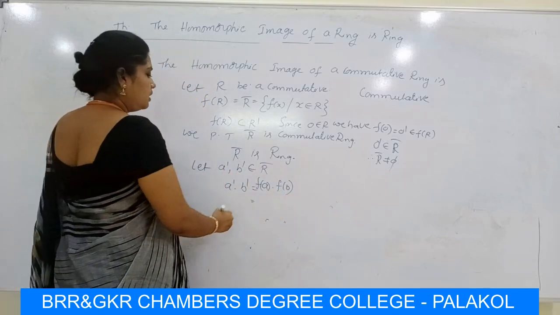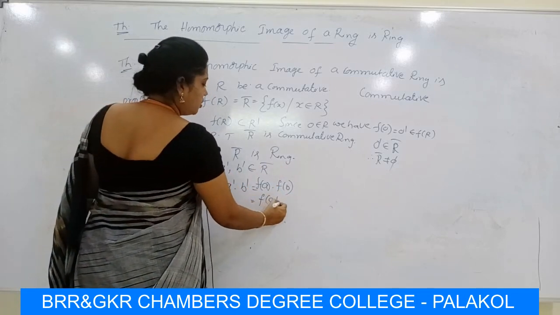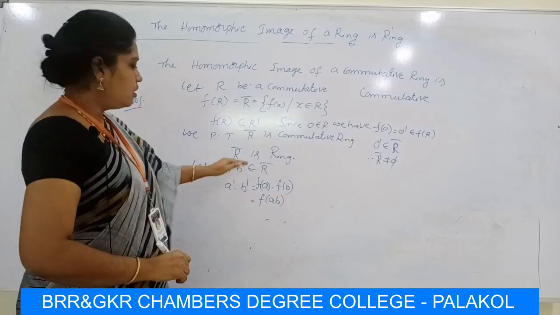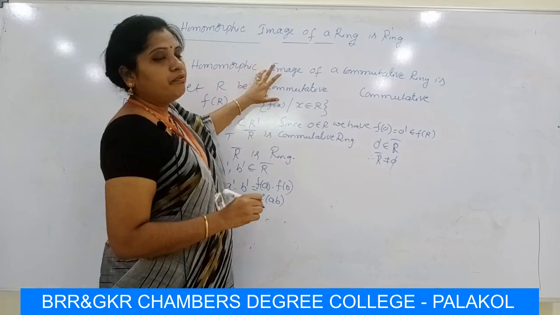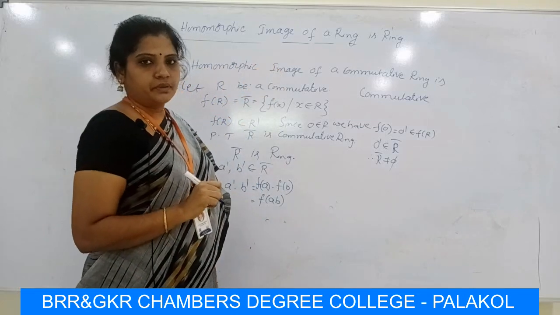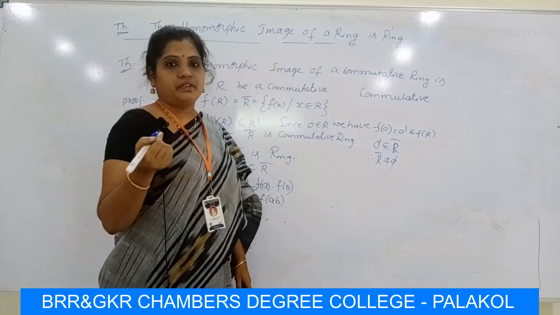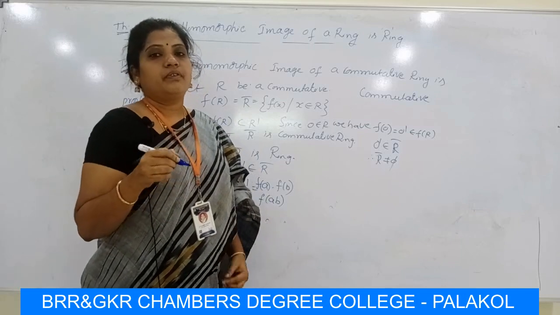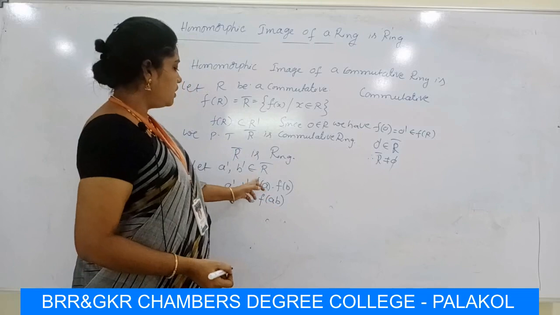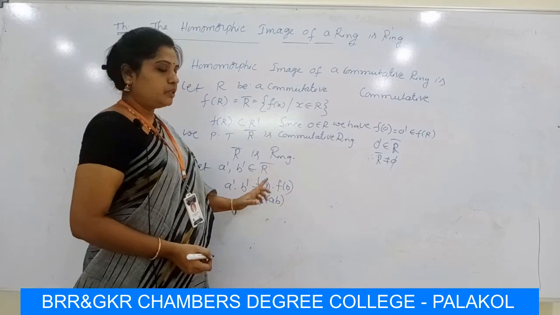Then F of AB, because F is a homomorphism. Here our mapping F from R to R dash is a homomorphism. The definition of a homomorphism, second condition, is F of A into B equal to F of A into F of B. So here F of A into F of B can be written as F of AB.